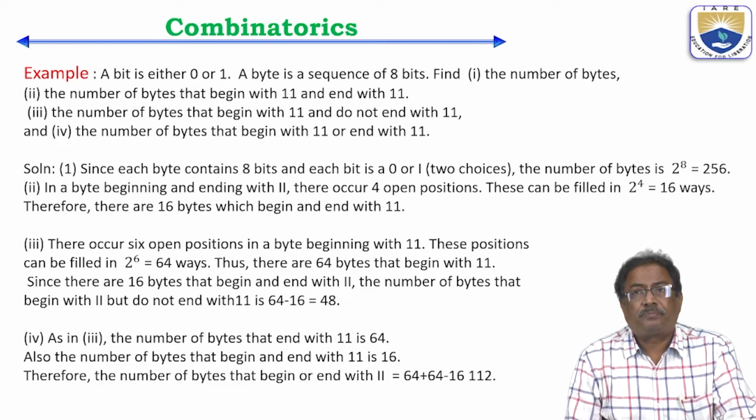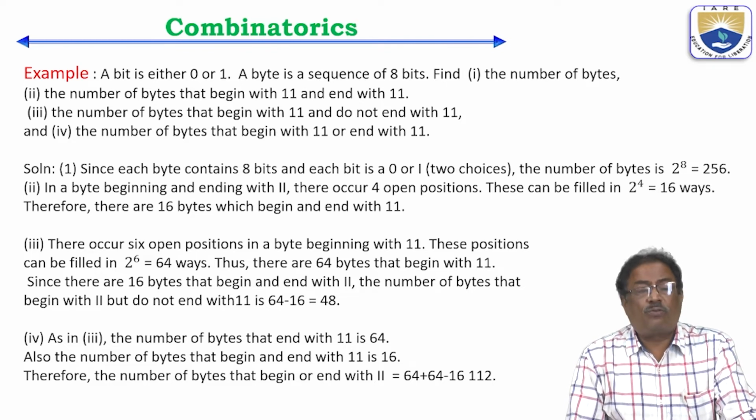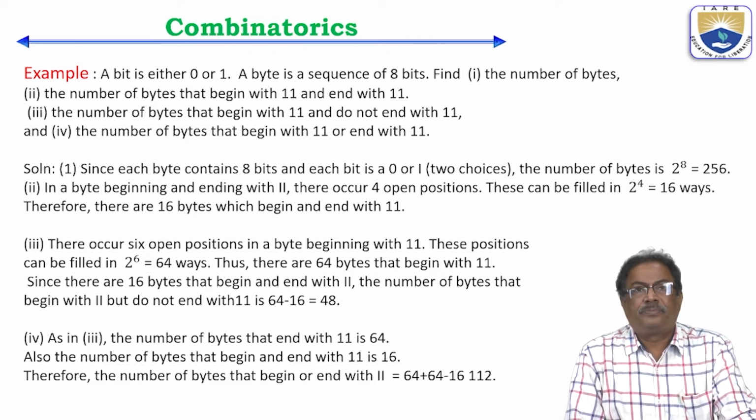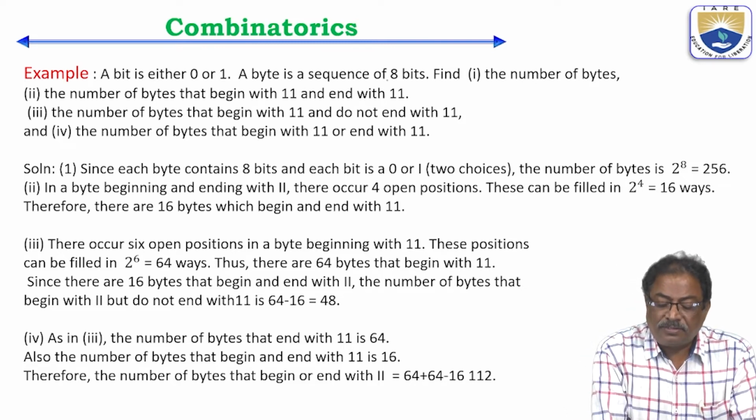Now, let us go for the other example. A bit is either 0 or 1, and a byte consists of 8 bits.